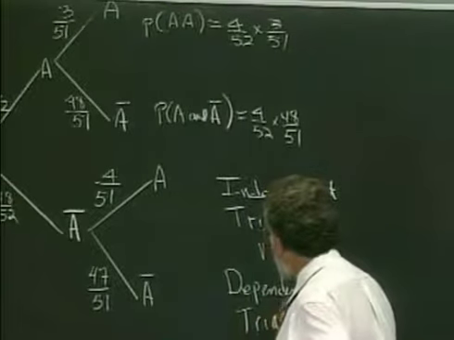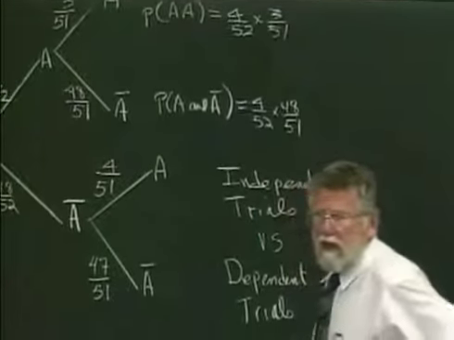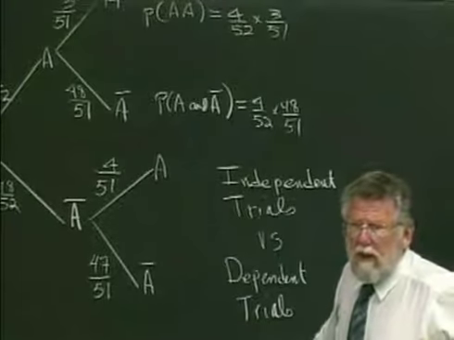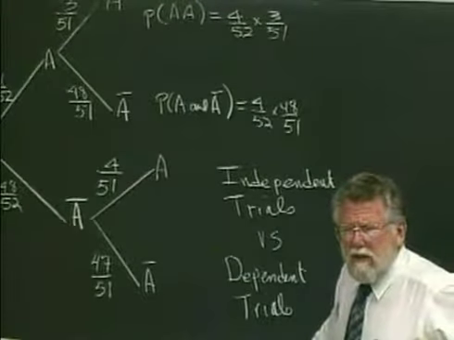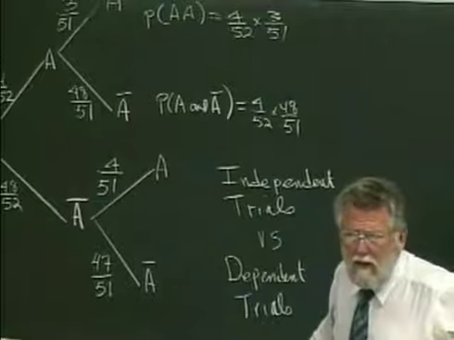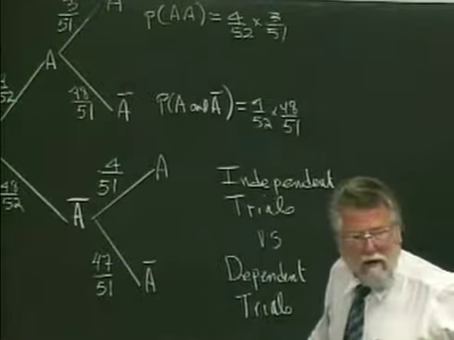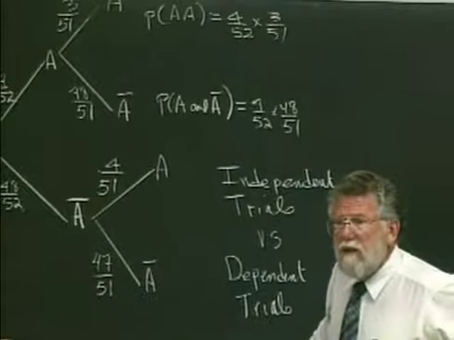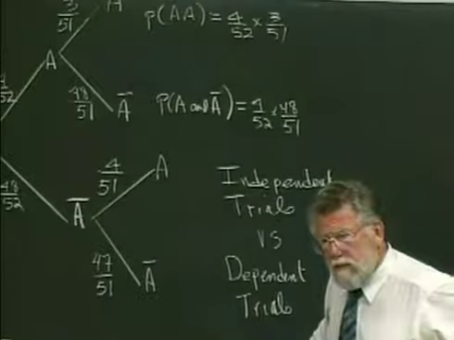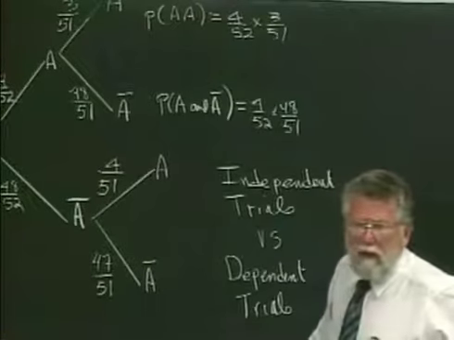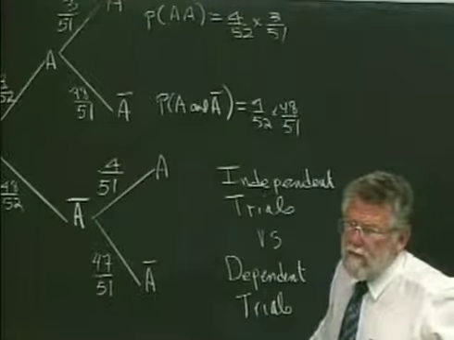Now, if I consider drawing a card a trial, just like I considered tossing a coin a trial, then in this case, I have dependency. Because what happened in the first draw influences the probability in your second draw. So this is considered dependent here, and when we looked at the coins, that was independent.